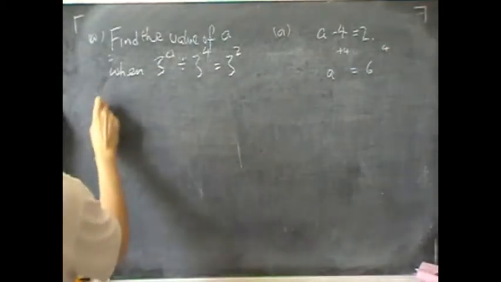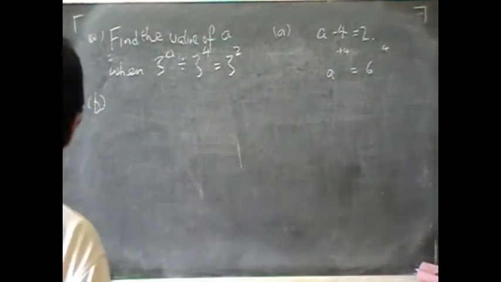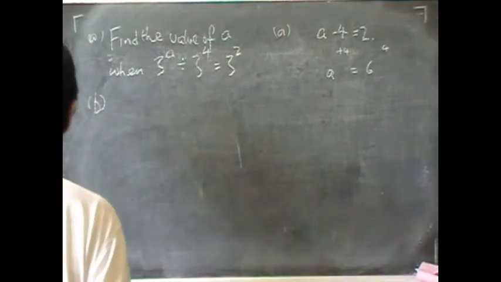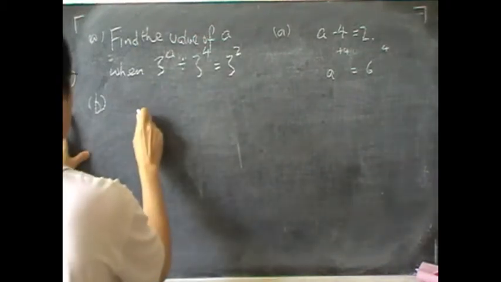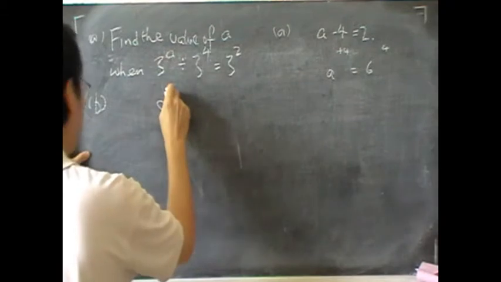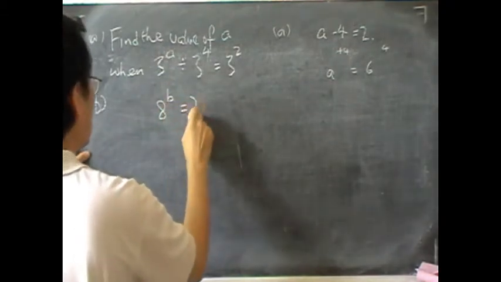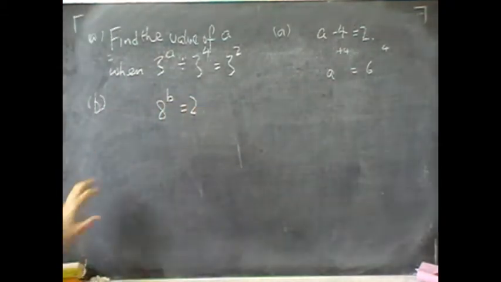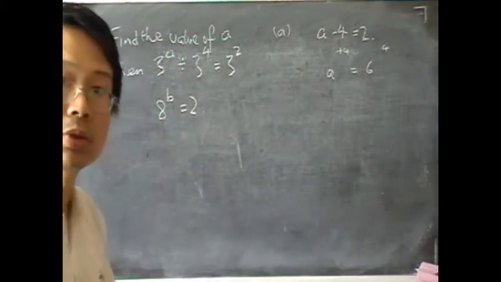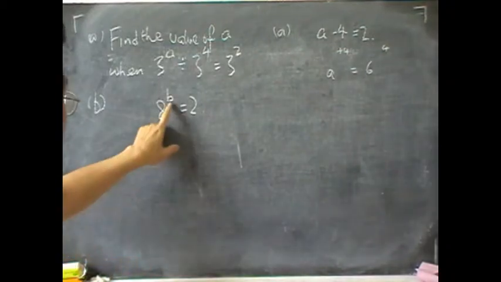Moving on, part b. In part b, we are given this. 8 to the power of b is equal to 2, and we must find b.